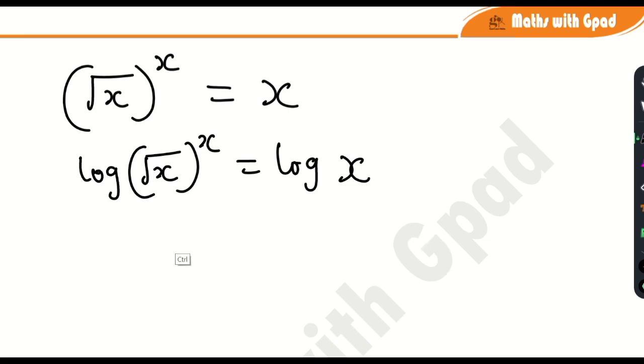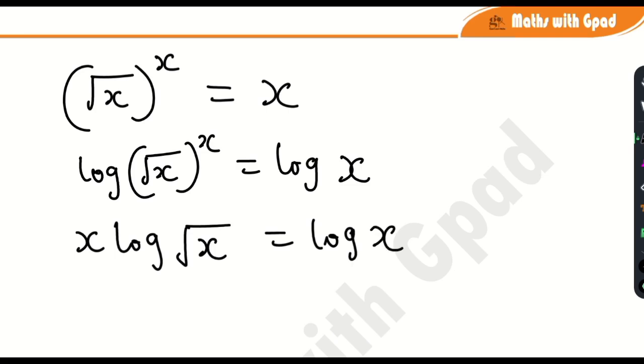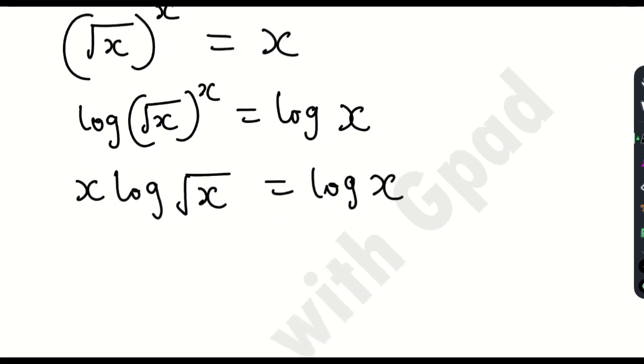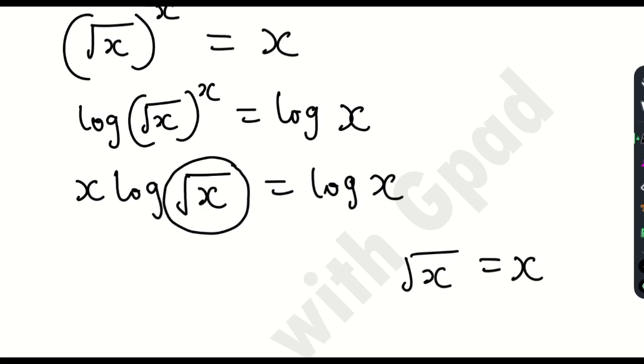Now it's going to be x log the square root of x is equal to log x. So what's the next thing I'll do? I want to express this square root of x as this. From one of the laws of indices, when you have a radical like this, it can be expressed as an exponent of 1 over 2.